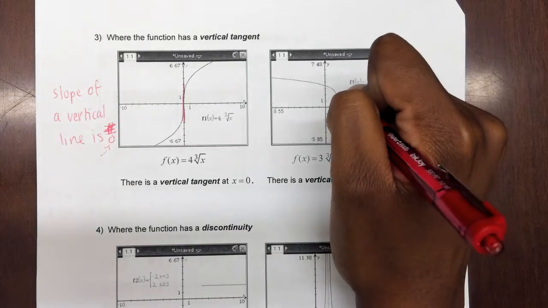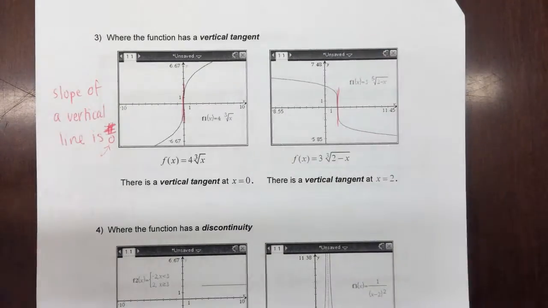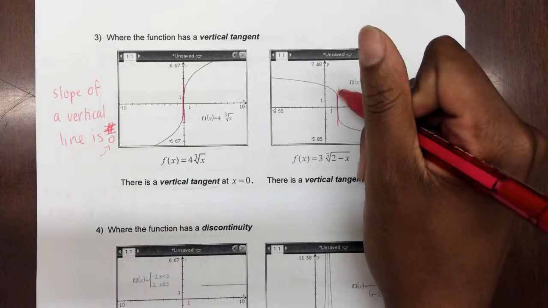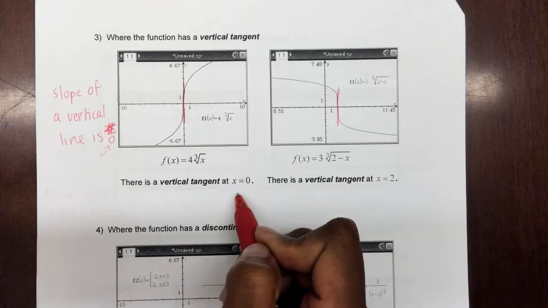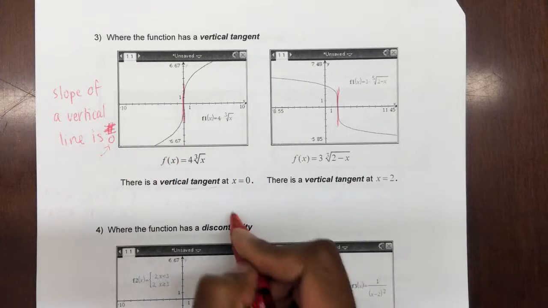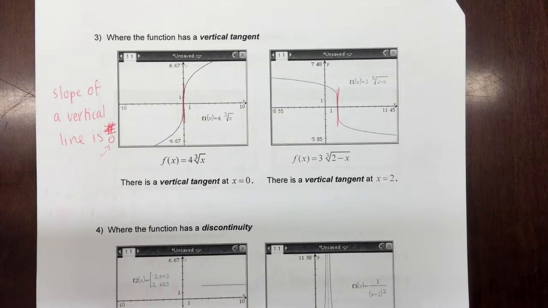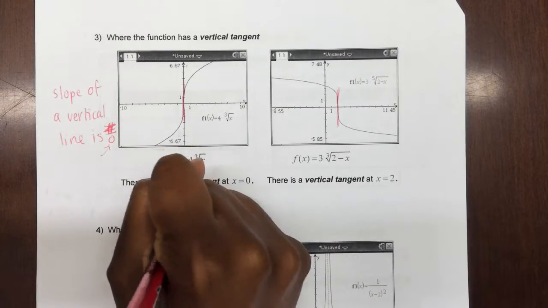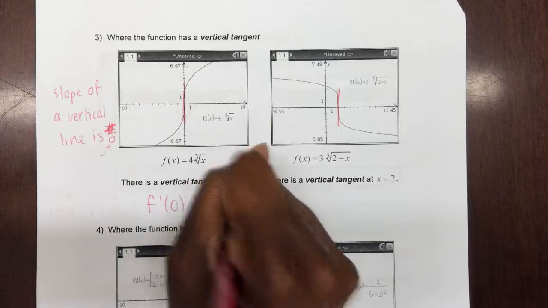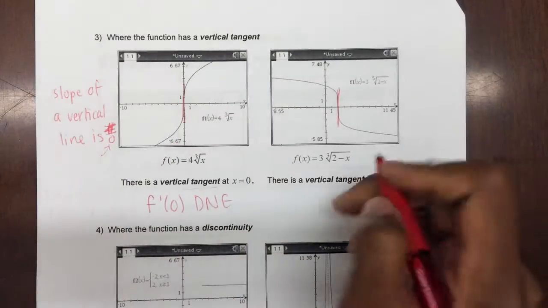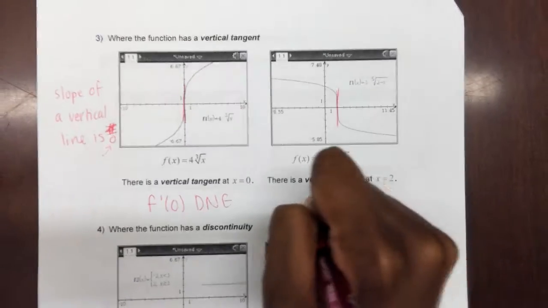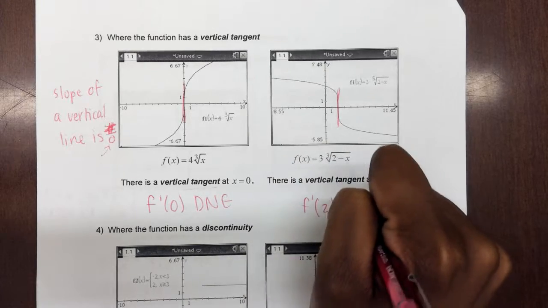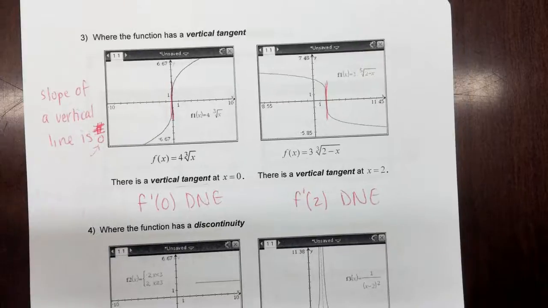Anytime we have a vertical tangent, because our tangent is the slope at that point, if our slope is undefined, then we do not have a derivative. So here, the derivative at 0 does not exist, because we have a vertical line at 0. And here, the derivative at 2 does not exist, because we again have a vertical line at 2.